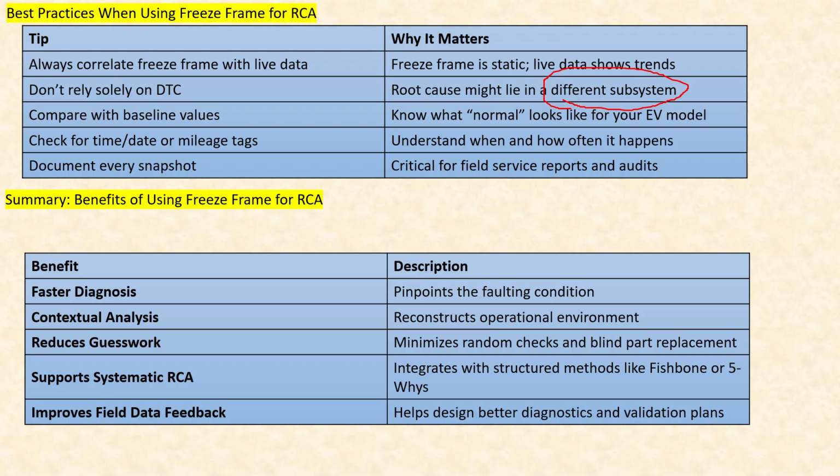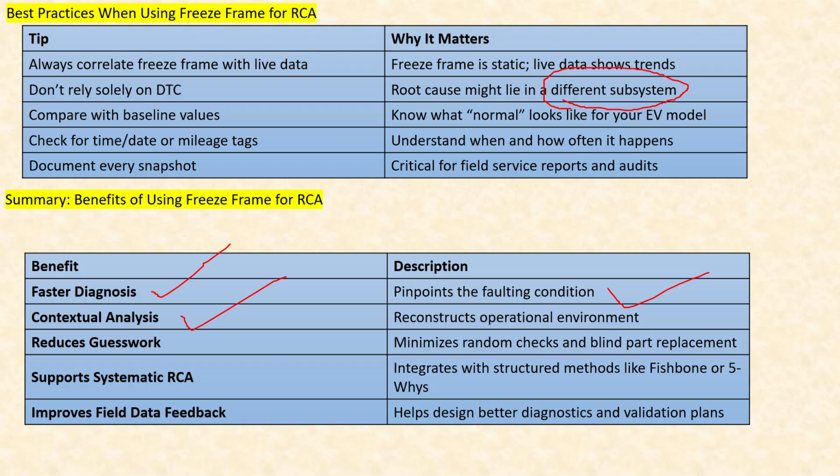Okay, now talking about the summary, benefits of using freeze frame for RCA. So we are going to see the benefit and the description. First is of course the faster diagnosis. So as I said, this is a very important clue in understanding the root cause, and this pinpoints the faulting conditions. Next is contextual analysis.